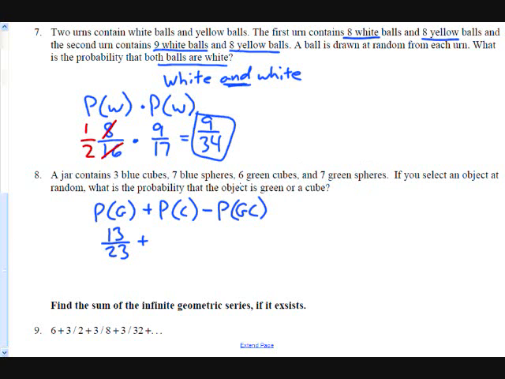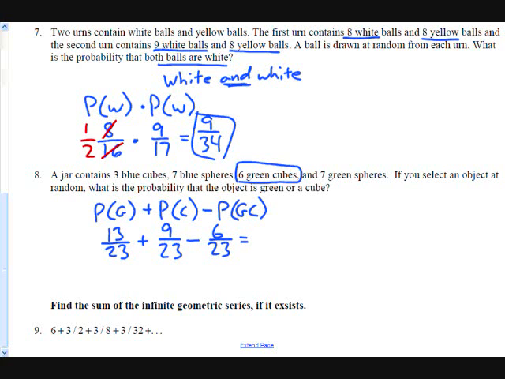There's 6 green cubes and 3 blue cubes, so there's a total of 9 cubes, again out of the total of 23. Then we have to subtract the overlap, because these 6 green cubes have been counted twice. They got counted amongst the cubes and amongst the green objects, so I've got to subtract the overlap. The probability of a green cube is 6 out of the 23.